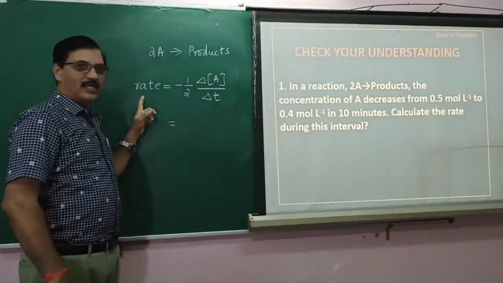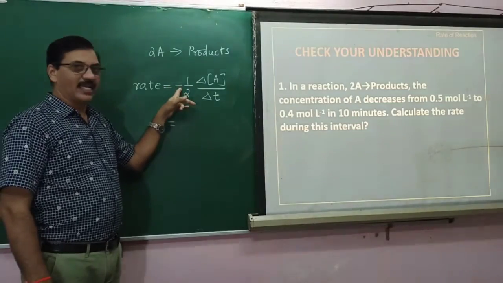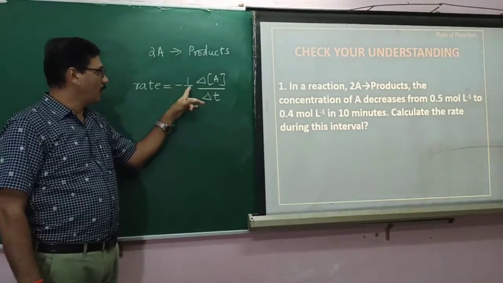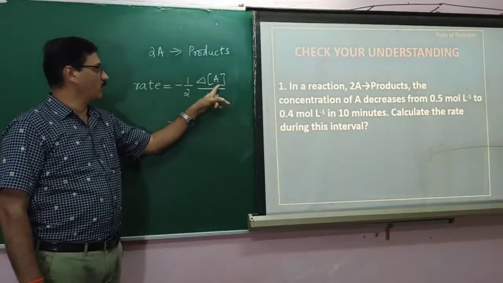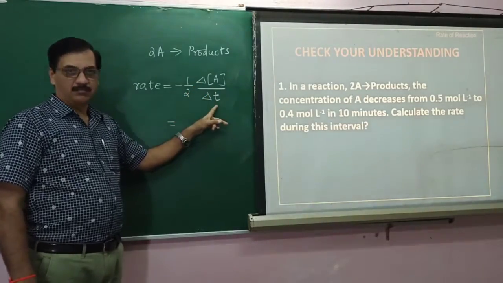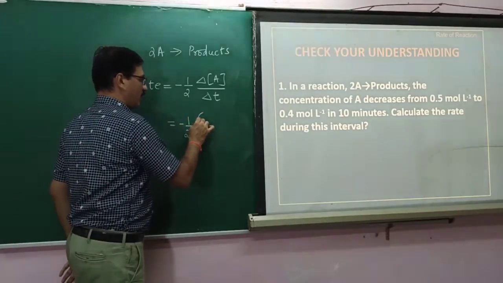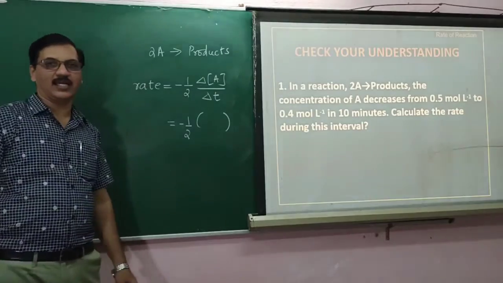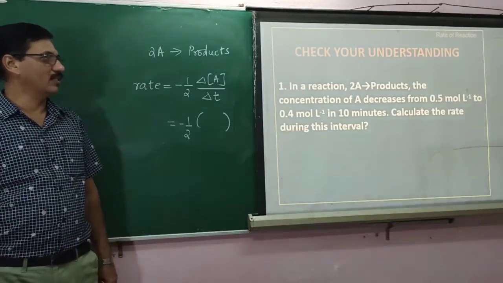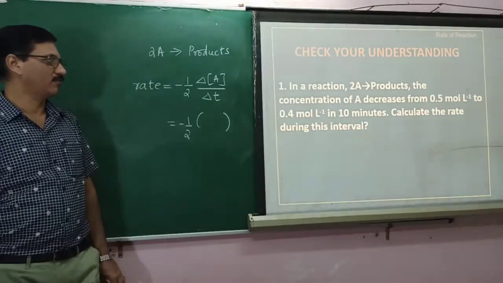Now to get the rate, we have to take the negative sign, very importantly, and the half, change of concentration delta A by the time taken for that. Now minus half. What are we supposed to write for delta A? Final concentration minus initial concentration.